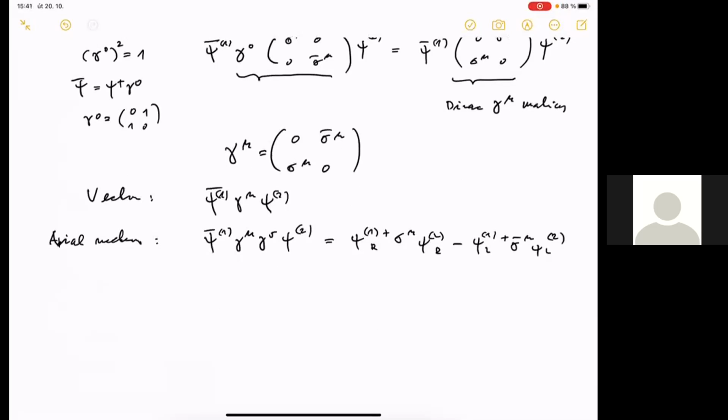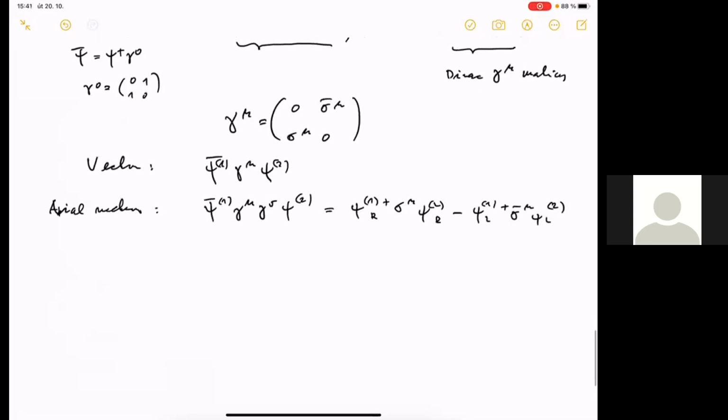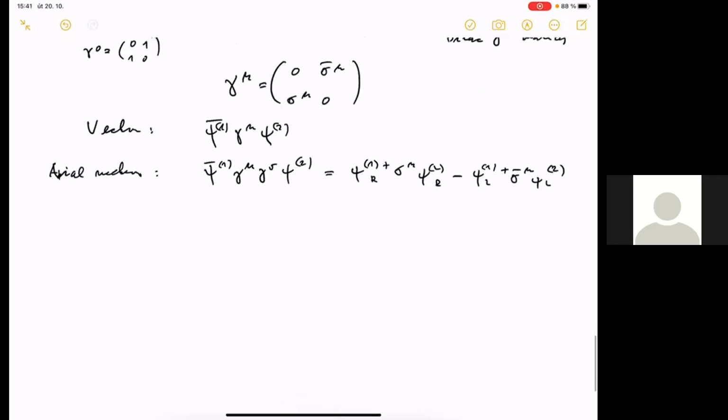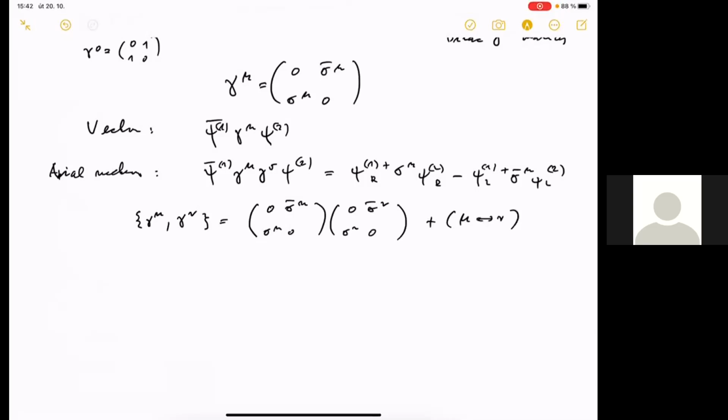So these gamma matrices are useful in order to form the vectors and axial vectors from the Dirac spinors, but they have a lot of other very important properties for us. Namely, if we calculate their anti-commutator, so we calculate 0, sigma mu, sigma bar mu, 0 times 0, sigma nu, sigma bar nu, 0, plus mu interchanged with nu, what do we get?